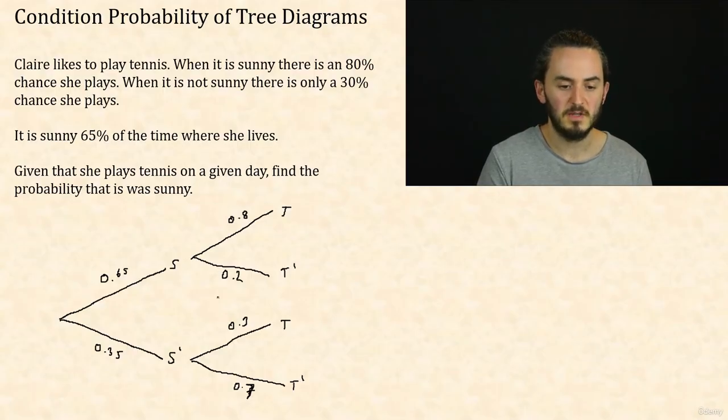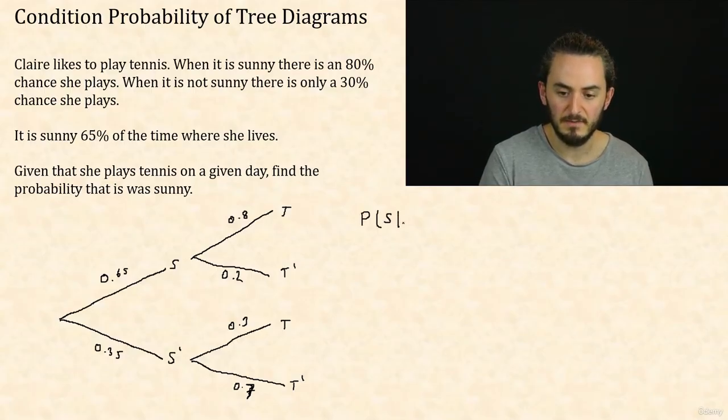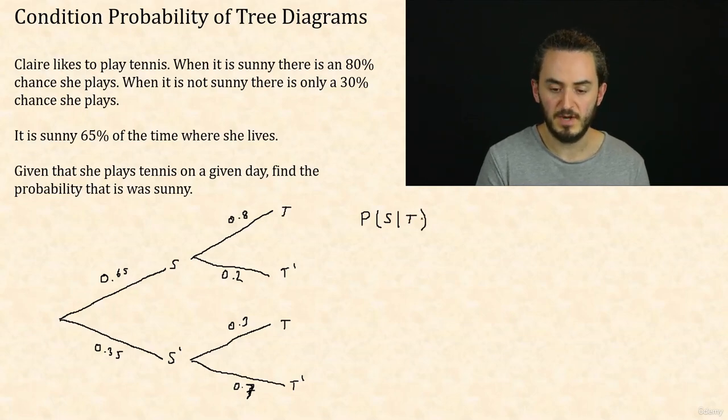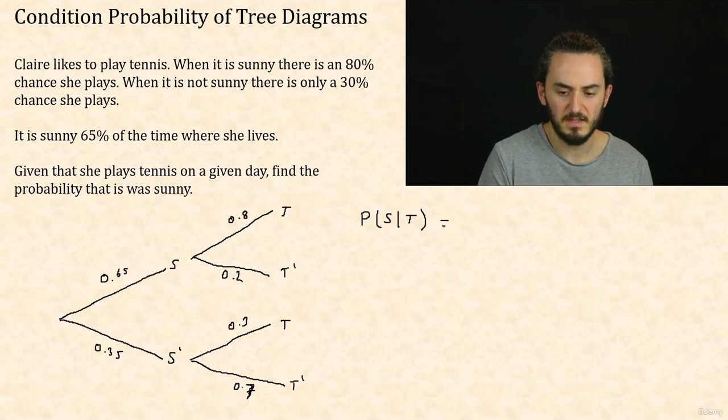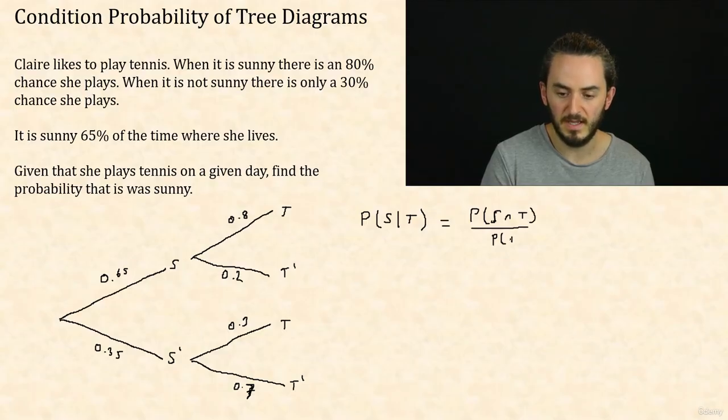Okay, so given that she plays tennis, find the probability of sunny. So the question is saying, what's the probability that it was sunny given that she played tennis? Let's just be strict about our formula here. That is the probability that it was sunny and she played tennis, divided by the probability that she played tennis.